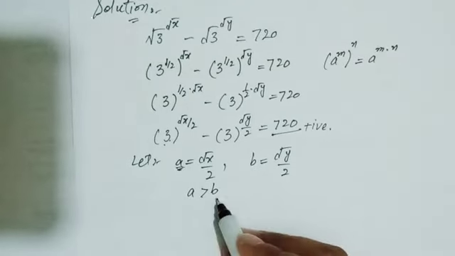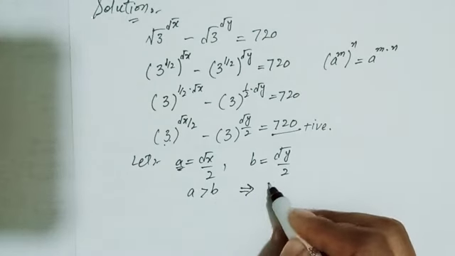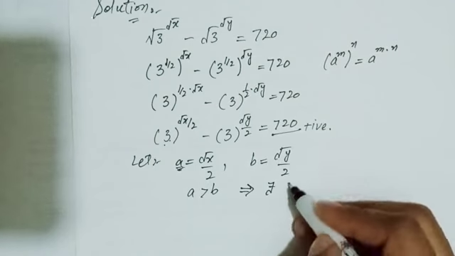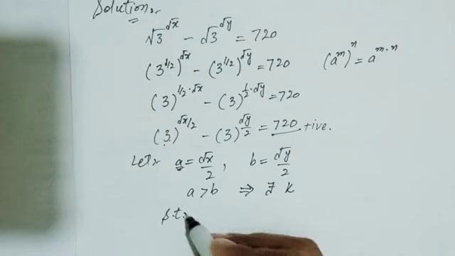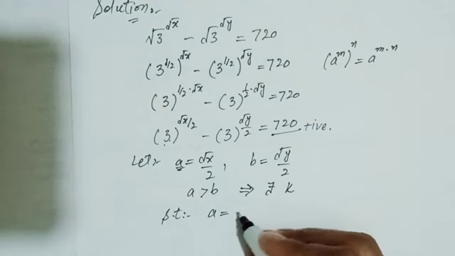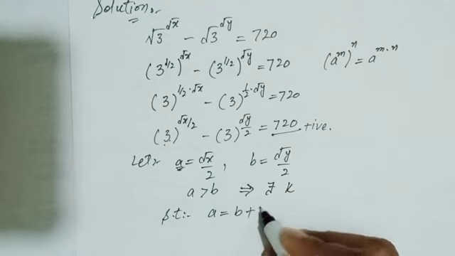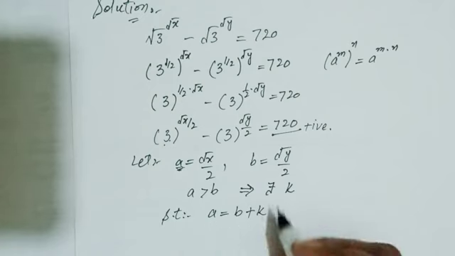So if a is greater than b, this implies that there exists a positive integer k such that a is equal to b plus k. Because a is greater, when I add something to b, it will be equal to a.